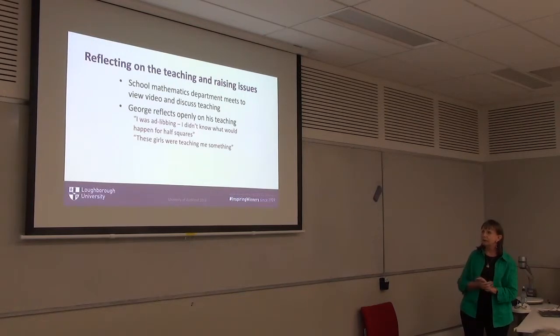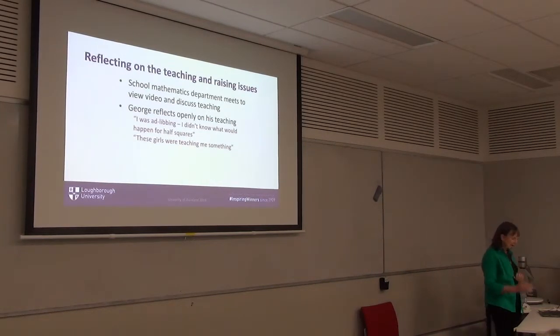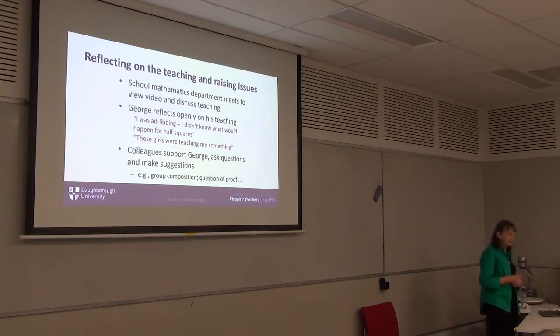And here are two of the things that he said. I was ad-libbing. I didn't know what would happen for half squares. So the girls had come up with these half squares, and George didn't know what the outcome was going to be. And so he says the girls were teaching them something. So he was certainly learning from that activity.